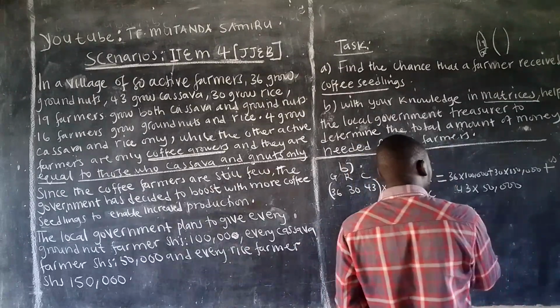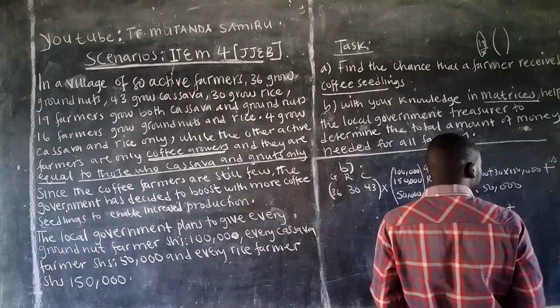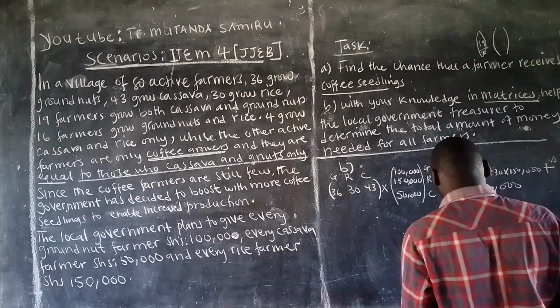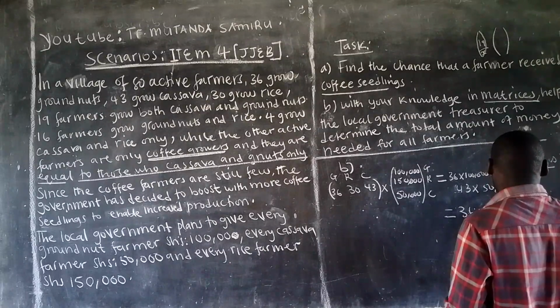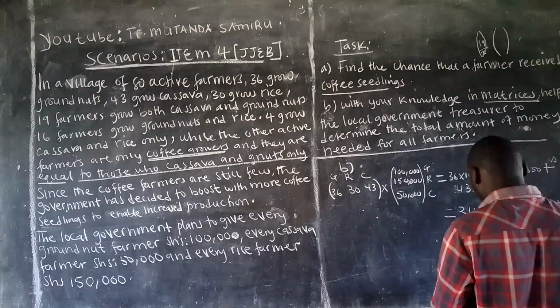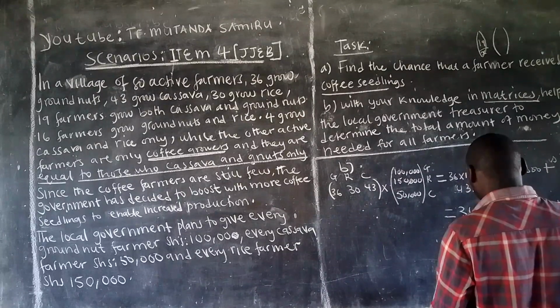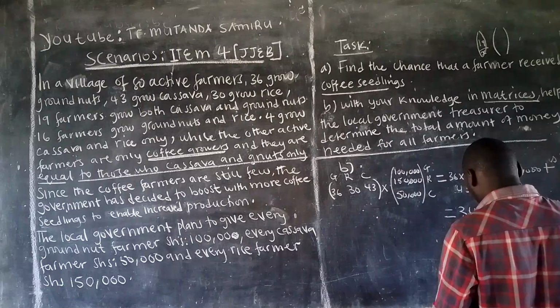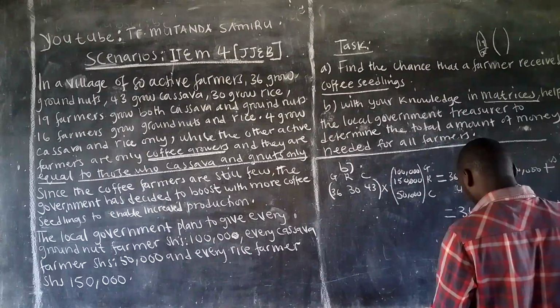Then 30 times 150,000 will be 4,500,000. Plus the last one, 43 times 50,000.